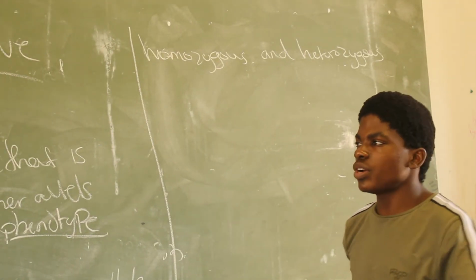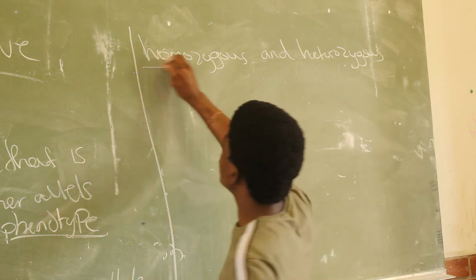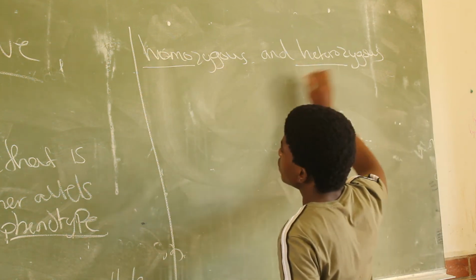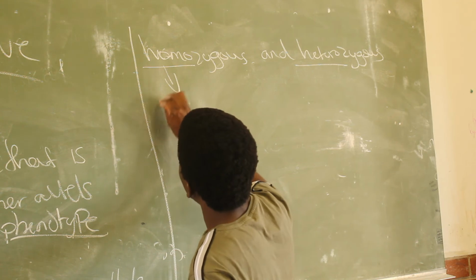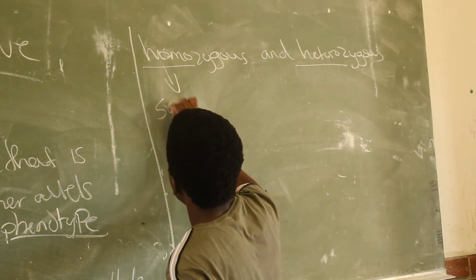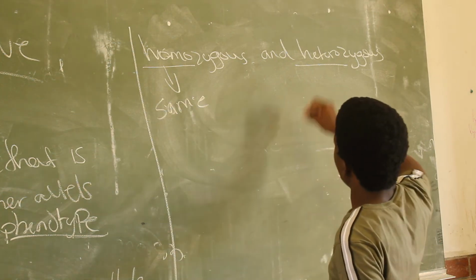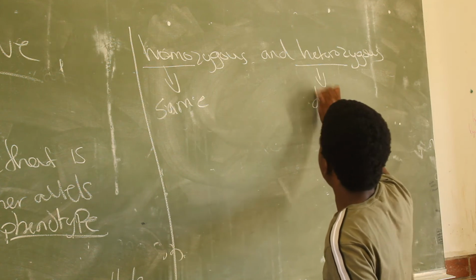Please try to make a connection with the words that I have explained. Homo, we all know, means the same. And hetero means different.